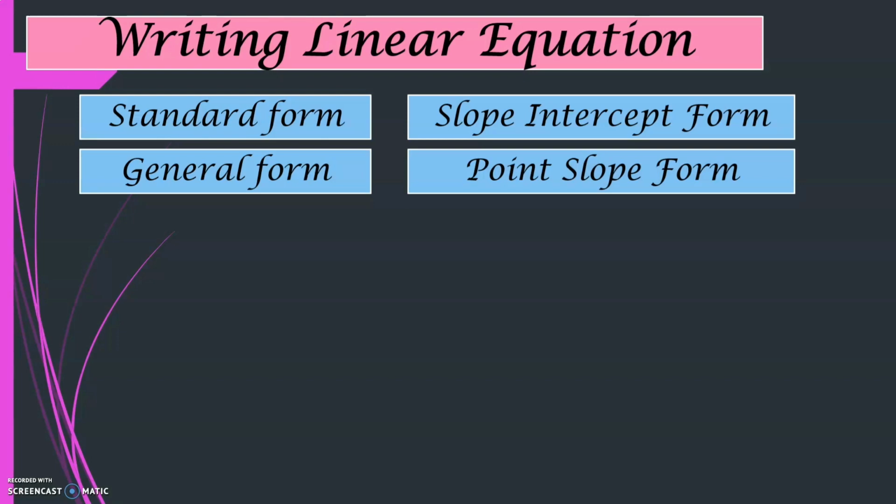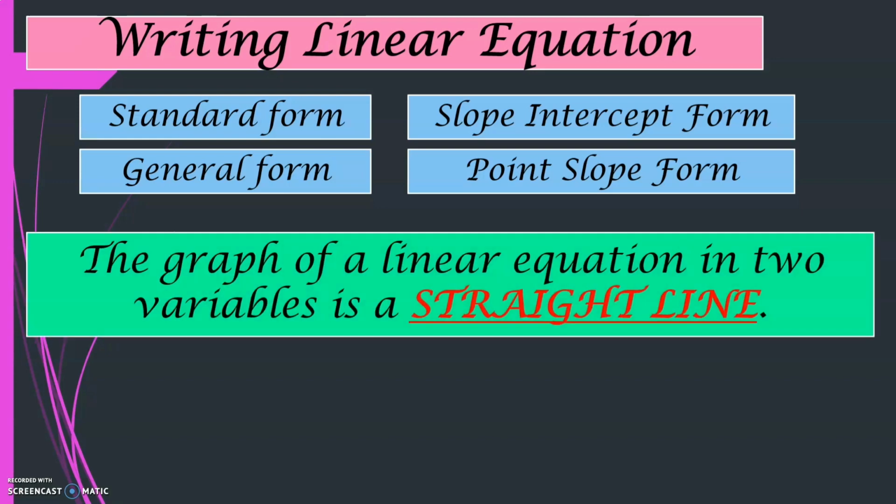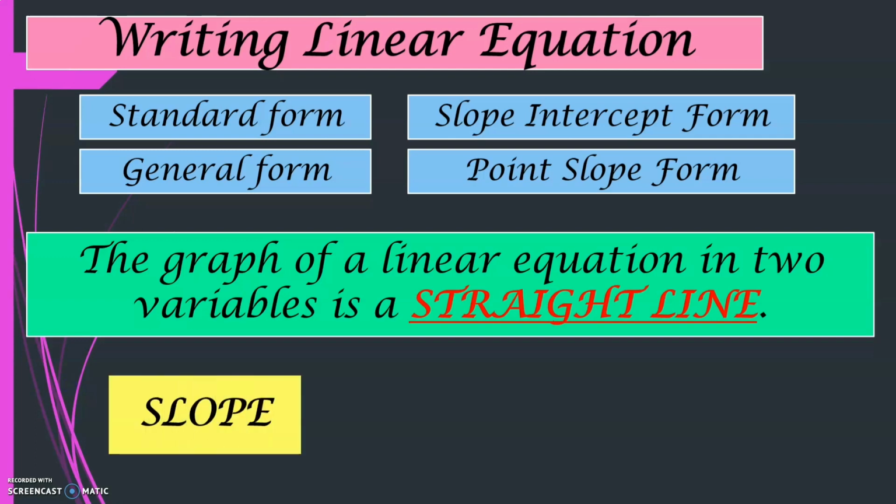Remember that the graph of any linear equation in two variables is a straight line. An important characteristic of a straight line is its slope. The slope of a line can also be used to determine if the graph of a linear equation is increasing or decreasing. There are three ways to find the slope of a line.